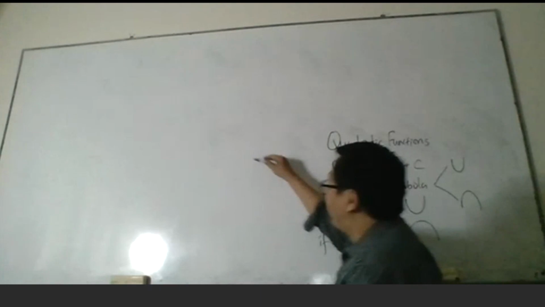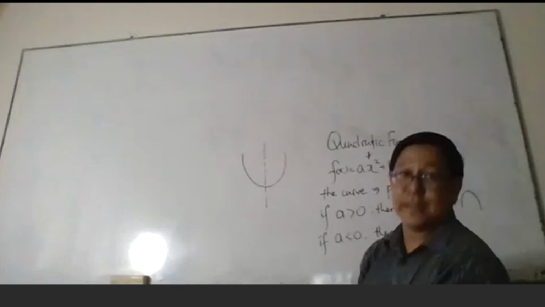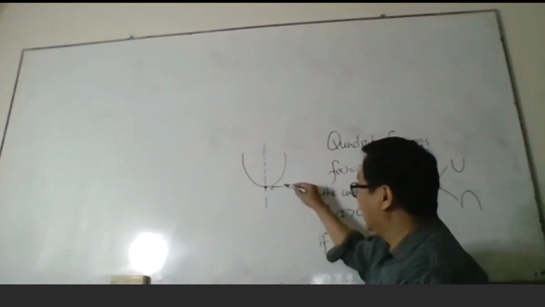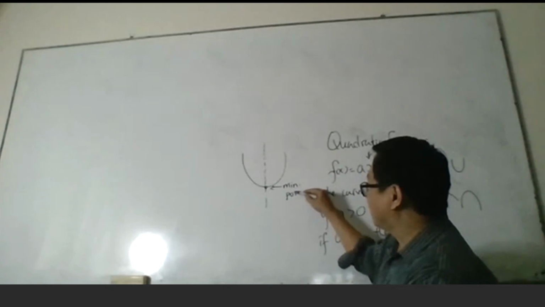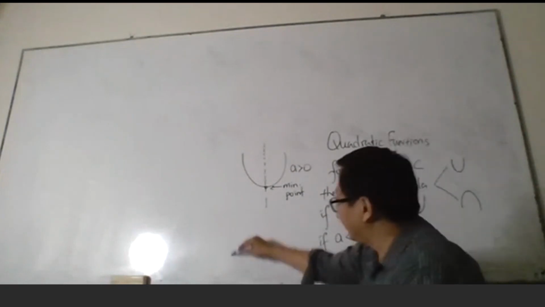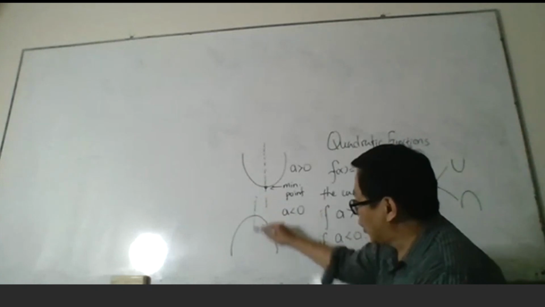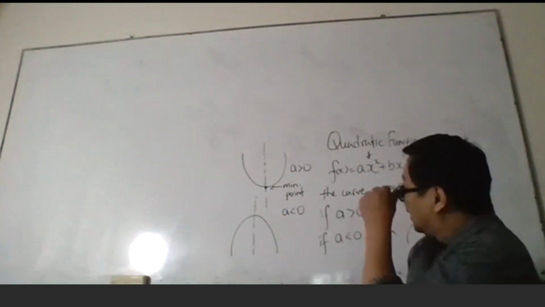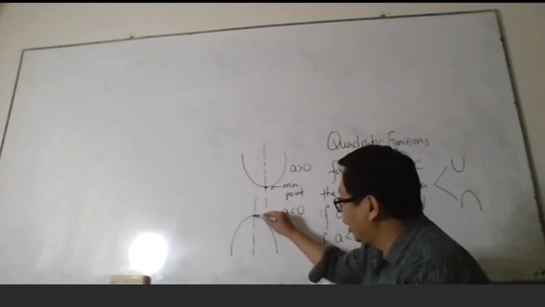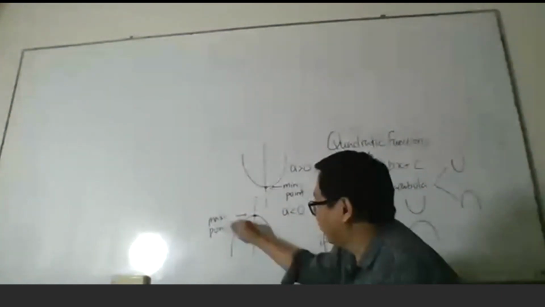For a U curve, there must be an axis of symmetry, and over here we get a minimum point if a is greater than 0. And if this is your N curve, a less than 0, of course we will get an axis of symmetry, and this point is no longer a minimum, it's a maximum point.